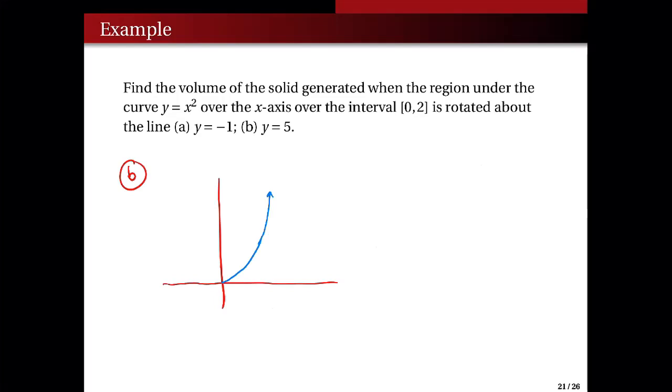This is your 2. 2 squared here is equal to 4. Correct? 2 squared, it's 4. It's not obvious, but say it's actually 4. And then your 5, it's somewhere here.